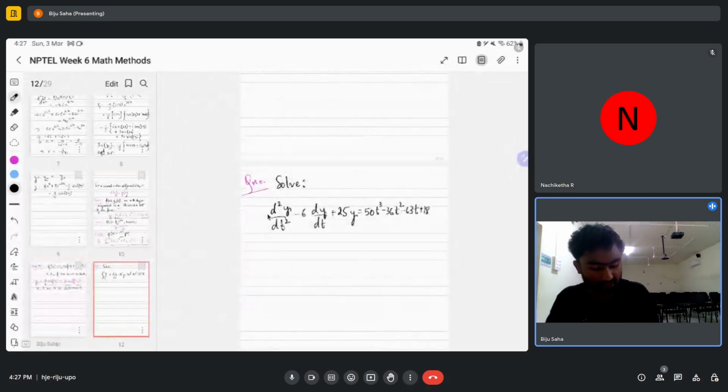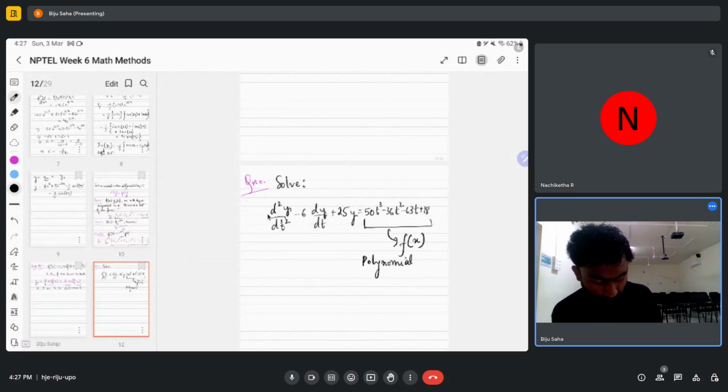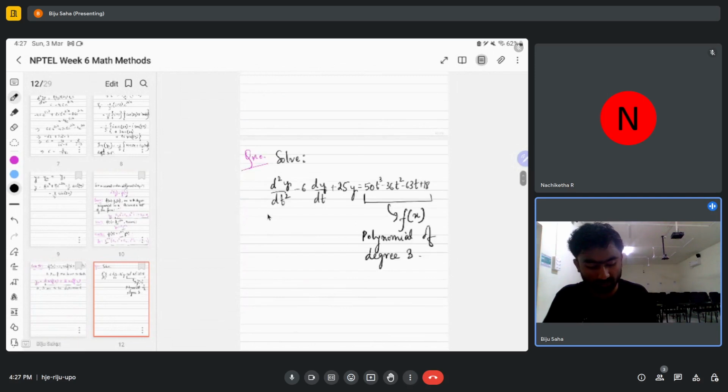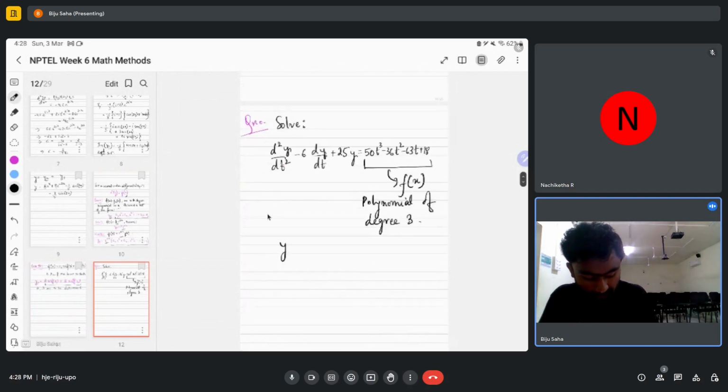In this case, what you see is that the right hand side f(x) is a polynomial. It's a cubic polynomial of degree 3. That motivates my particular solution to be a cubic polynomial, right?